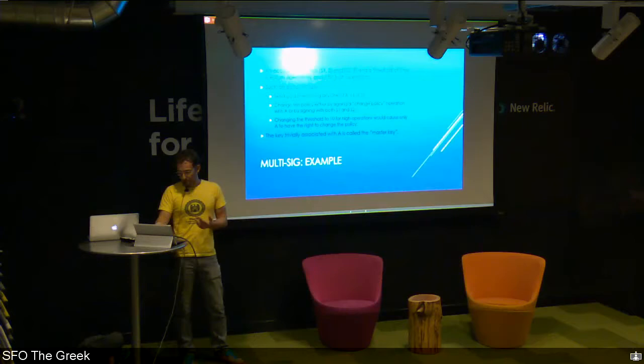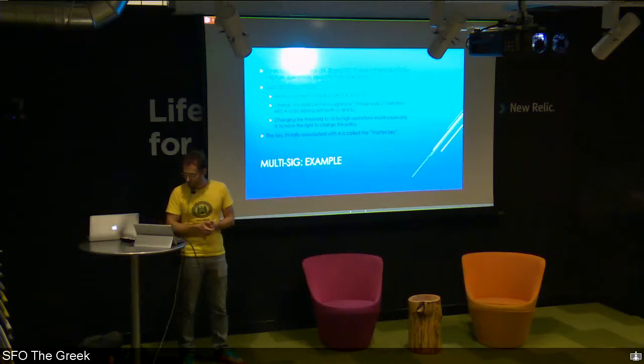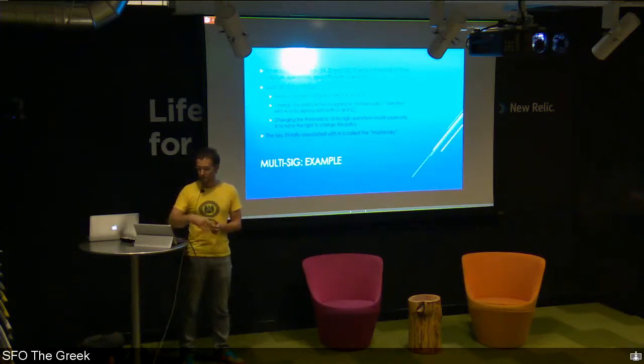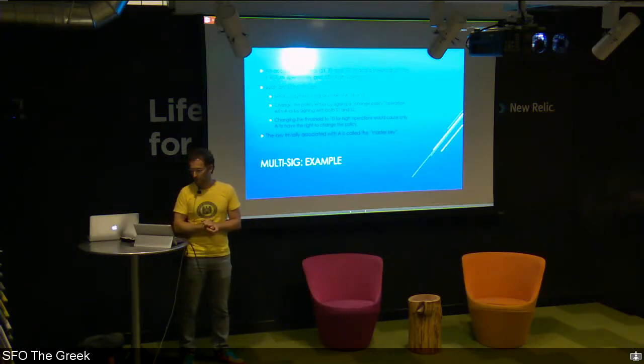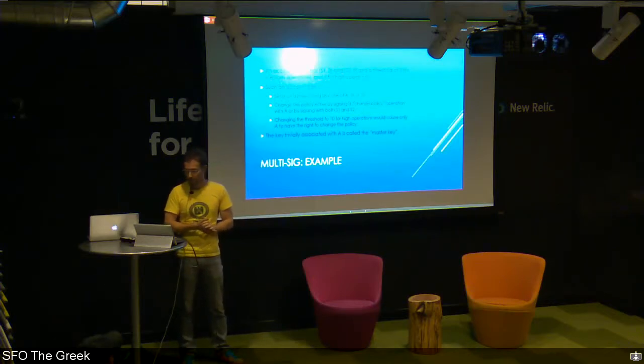And finally, if the threshold for the high operation was raised to 10, which is the weight of the A signature, public key, then only A would have the right to change the policy on that account. We have a special name for A. It's called the master key, but that's just a detail.